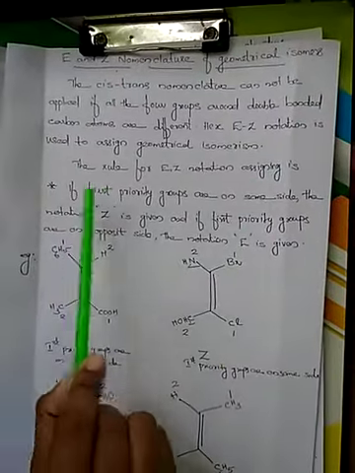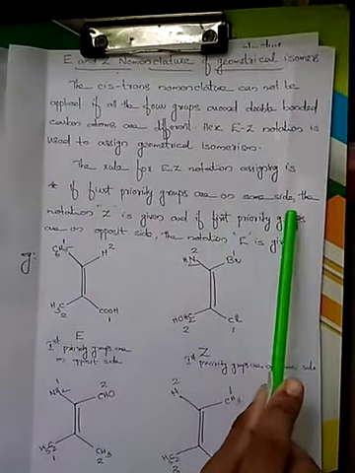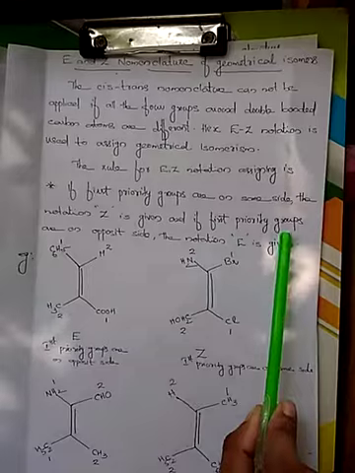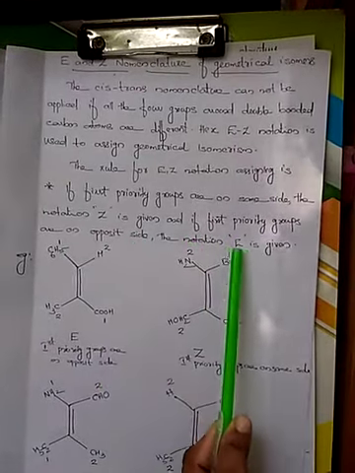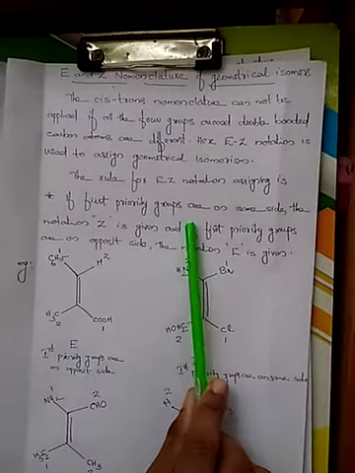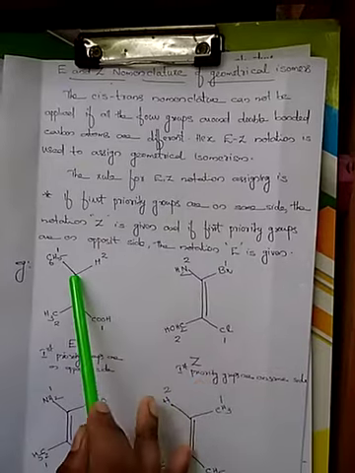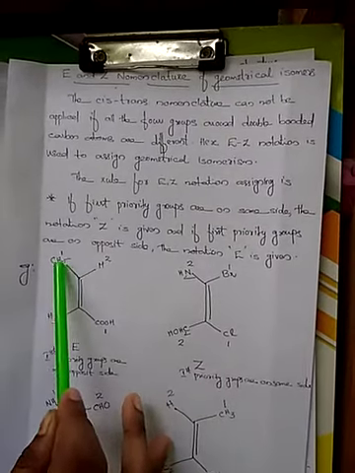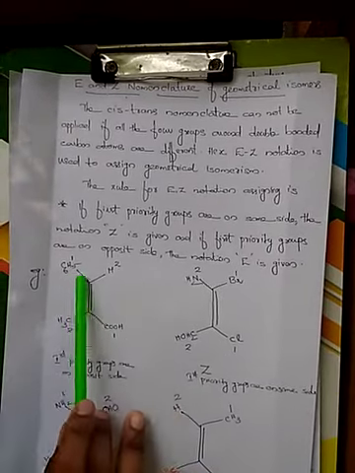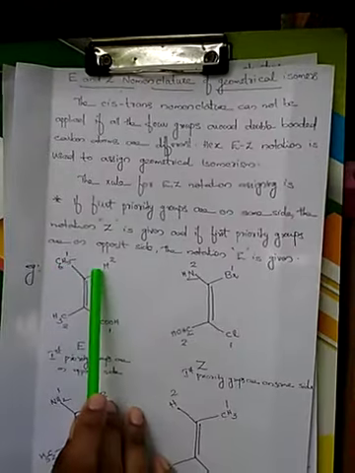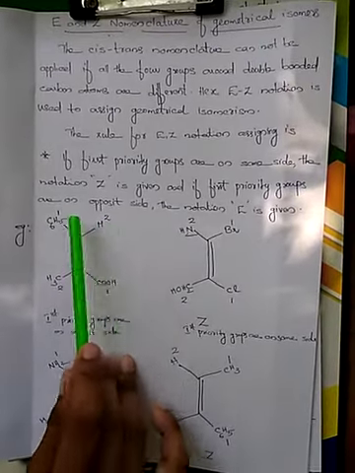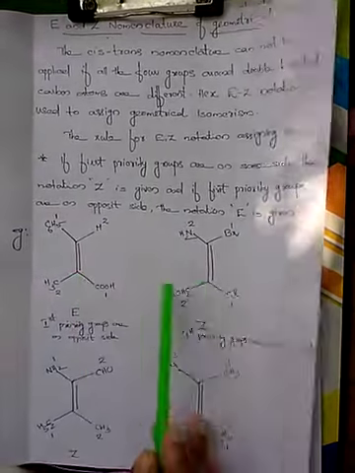If the first priority groups are on the same side, the notation Z is given, and if the first priority groups are on opposite sides, the notation E is given. What is meant by first priority groups is that we number the substituents around the carbon atoms in priority order, 1, 2, based upon molecular weight. Higher molecular weight groups are assigned first priority, that is 1, then the next one 2.